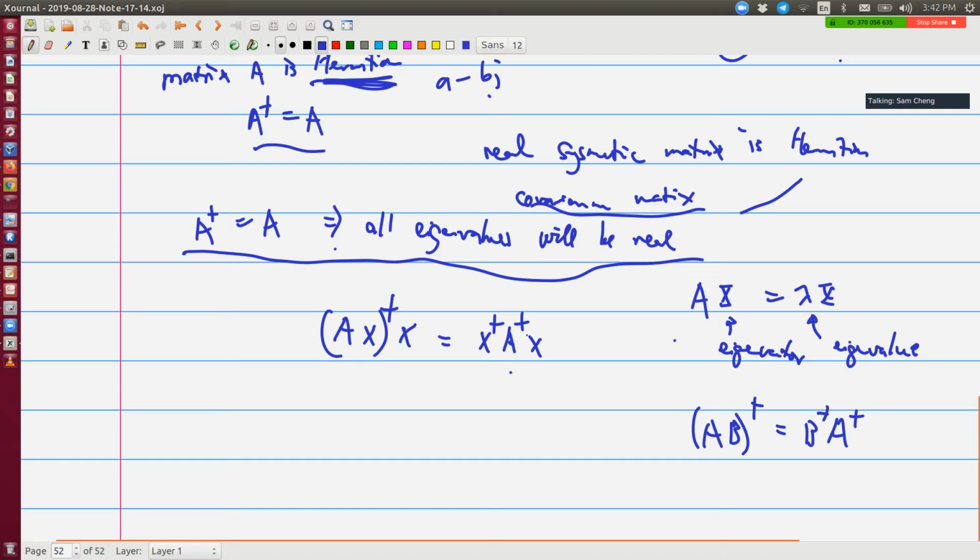This x in here is the same as that x, but x Hermitian is not equal to x, and x is not Hermitian.